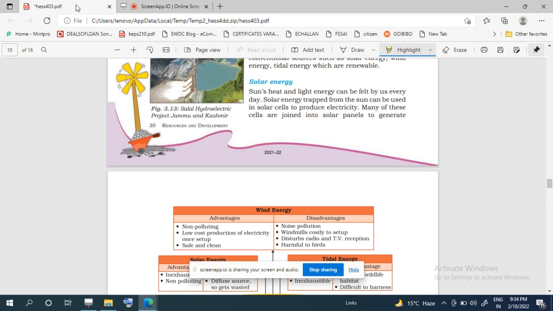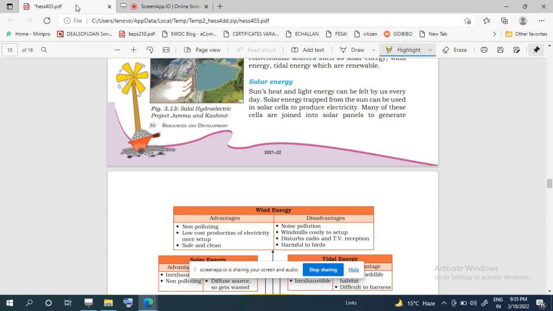Earlier there was no technology for using solar energy for producing electricity. But nowadays we have this advanced technology, and we can use this heat and light of the sun for producing electricity by solar panels.